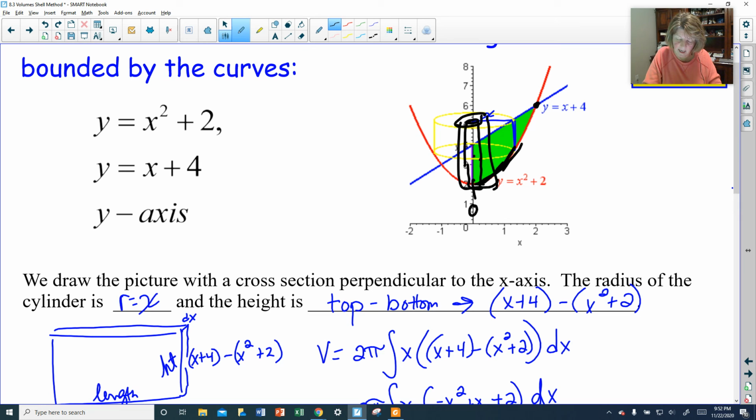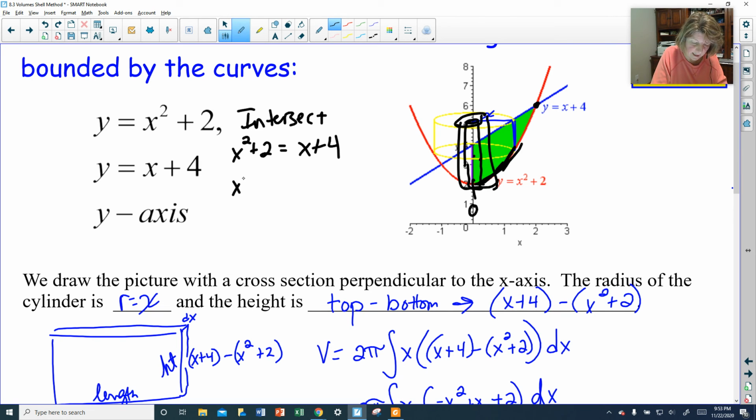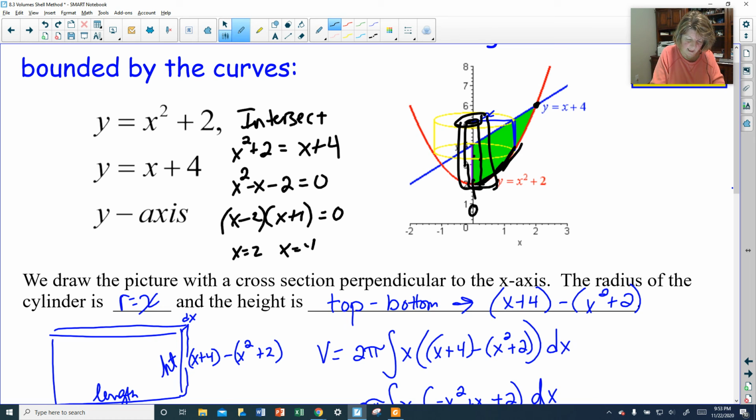They intersect. Where do these two things intersect? Well, let's calculate it out. X squared plus 2 equals x plus 4. I can take everything to one side: x squared minus x minus 2. That would be an x minus 2 and an x plus 1. So they intersect at x equals 2 and x equals negative 1.